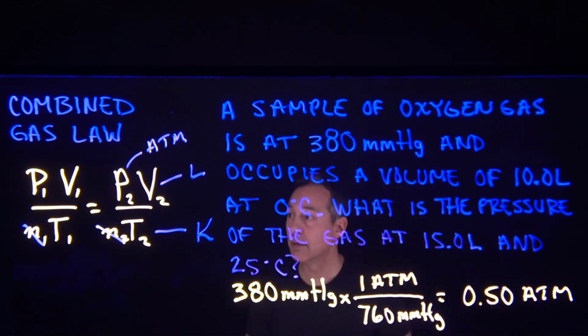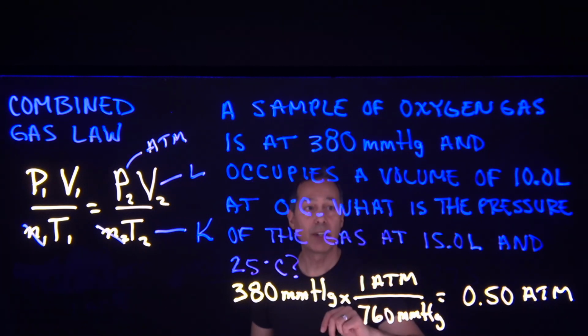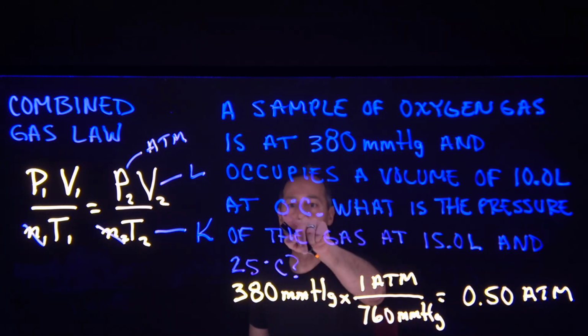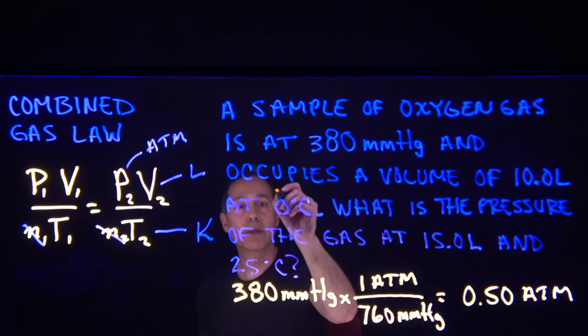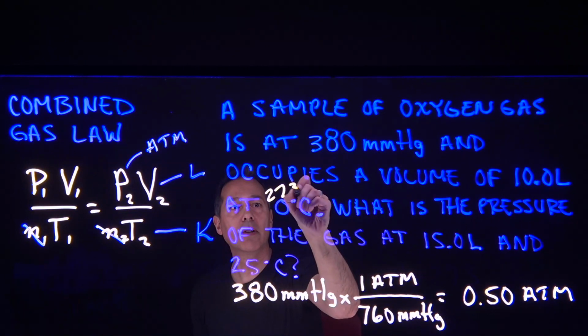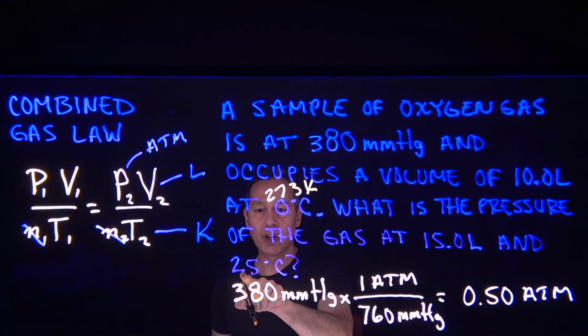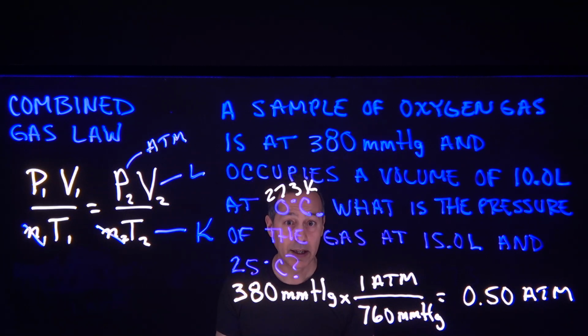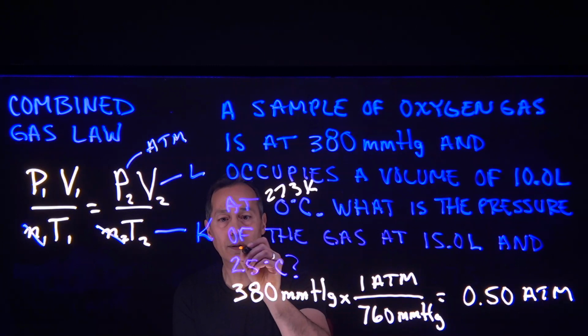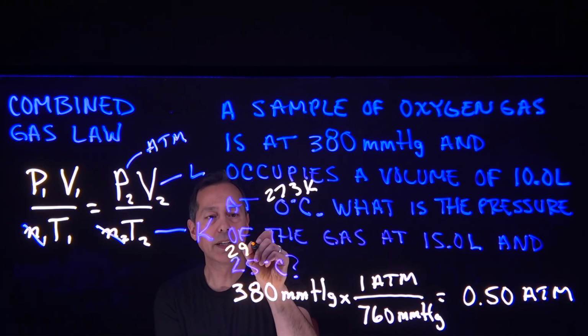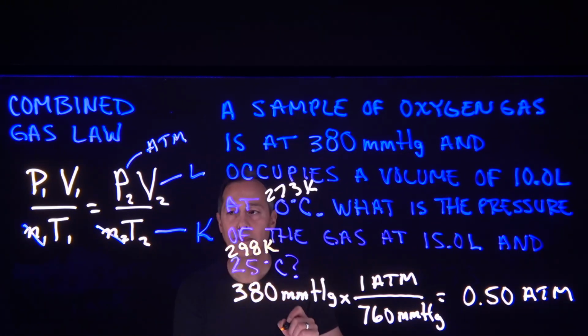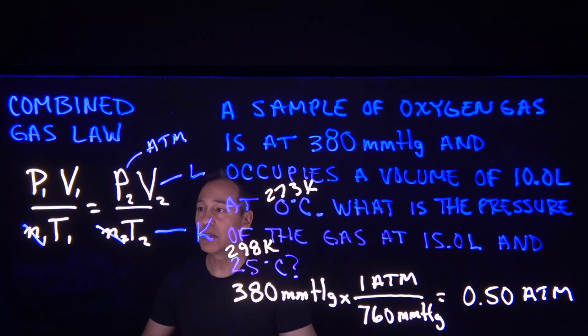Now I've got my pressure there. The next thing is my temperature. I just need to add 273 to it. So 0 degrees plus 273 would be 273 Kelvin. And 25 degrees Celsius, if I add 273 to that, will end up being 298 Kelvin.